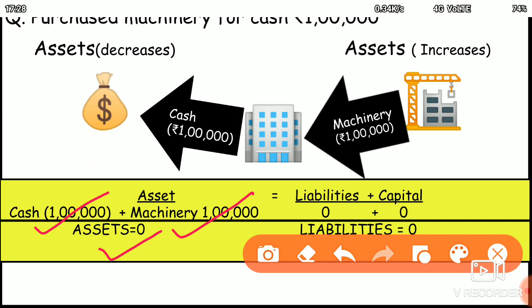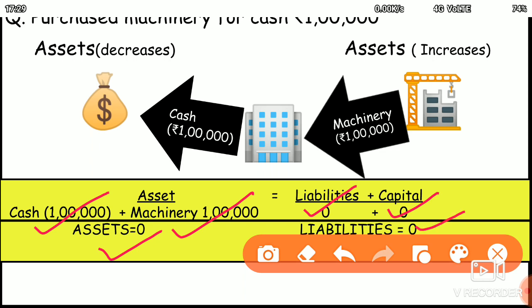Now if we go to the liability side where the liabilities and capital is represented, here we see that the liabilities are not affected in this transaction, so it remains 0, and capital also is not affected, so this also remains 0. So when we add the liabilities and the capital on the right hand side, we find that the total comes to 0.